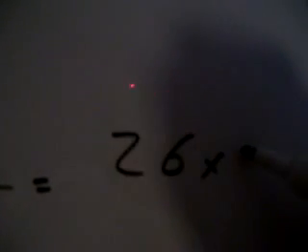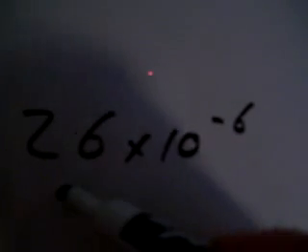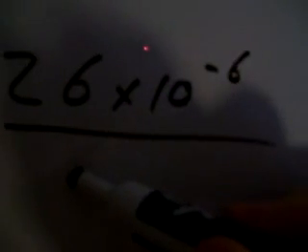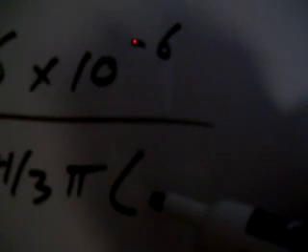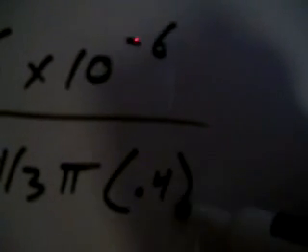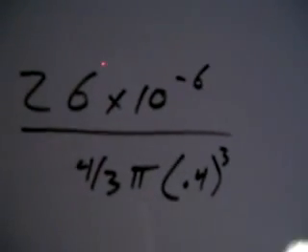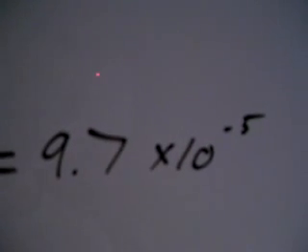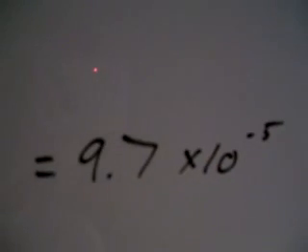Well, in order to do that, we know that the density, which is this rho, is going to be the total charge over the total volume, which is going to be 26 times 10 to the negative 6 coulombs over 4/3 pi r cubed, where r is the radius of the sphere, which is just 0.4. I've already punched it into my calculator, and the value is about 9.7 times 10 to the negative 5th. That's the charge density of the sphere.